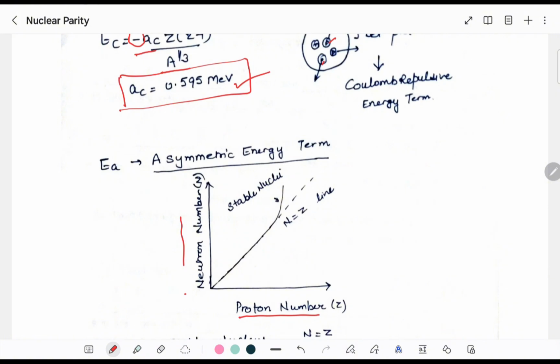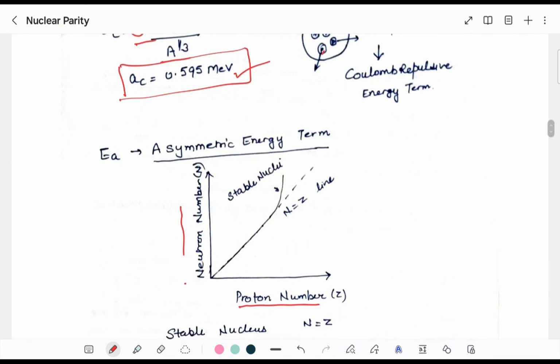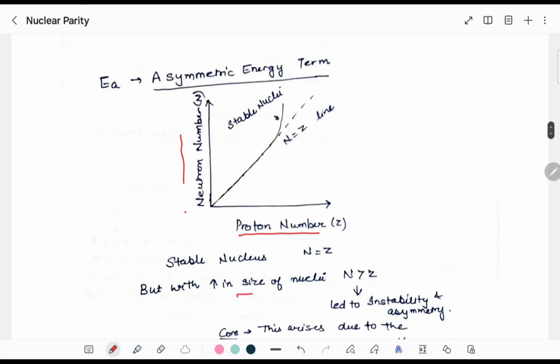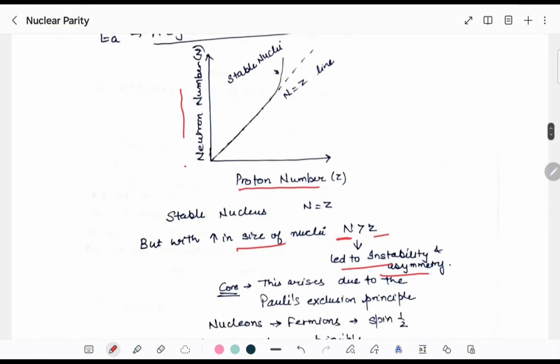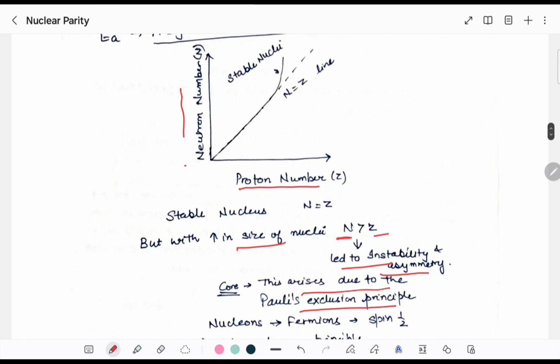And as we know, as the atomic size increases, the number of protons starts increasing, which results in repulsion, and to counterbalance this repulsive force, the number of neutrons starts increasing in the higher nuclei. Therefore this results in the asymmetry of the energy, and with the increase in the size, the number of nucleons starts increasing, which leads to instability and asymmetry. So this arises due to Pauli's exclusion principle.